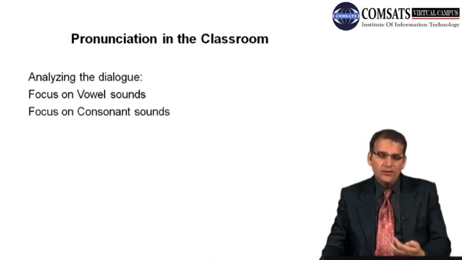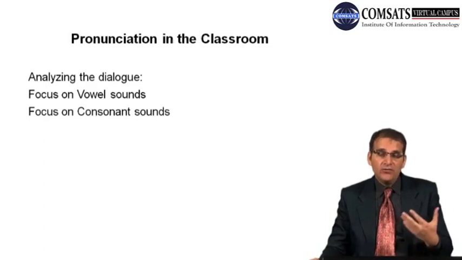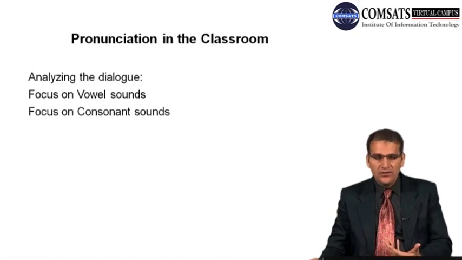And then again, you can see the vowel sounds, and focus also on the consonant sounds, right? Once you analyze a dialogue in the class, you can see the stress pattern, the strong forms, the weak forms, the sentence pattern, right? And you can come to the micro level. You can see which sounds were there, which vowel sounds and which consonant sounds were there.